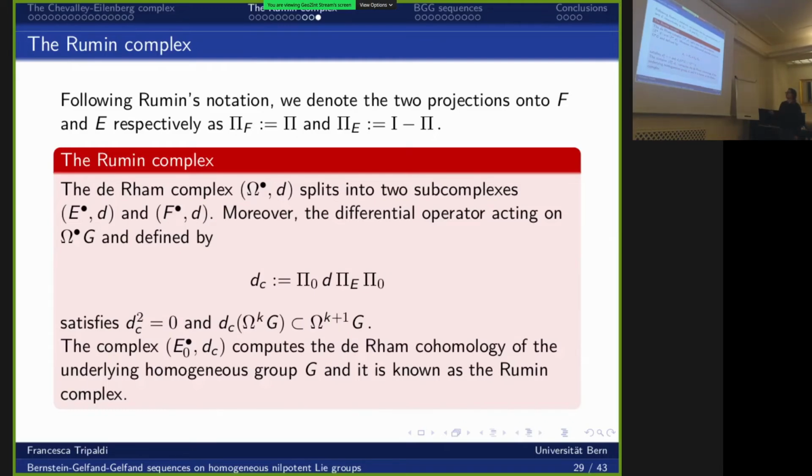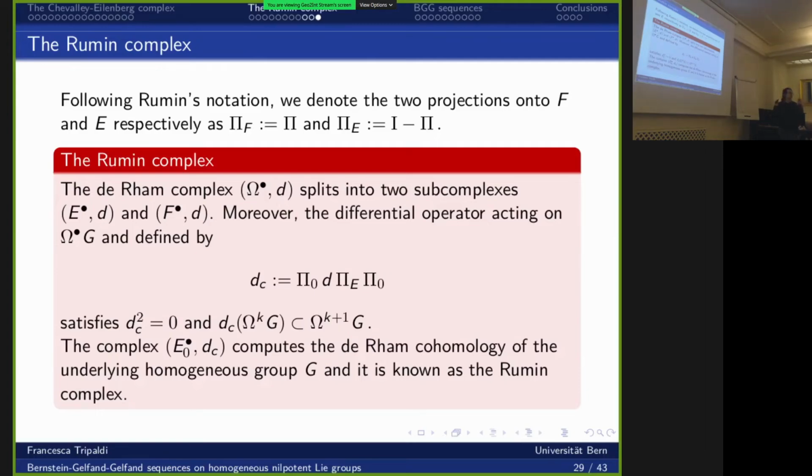And so the idea is that this dc takes smooth forms and projects down onto E0. So you can think of this dc as starting from E0, and then it ends up back again on E0. And Rumin said, oh, look, this computes the same as the de Rham cohomology.